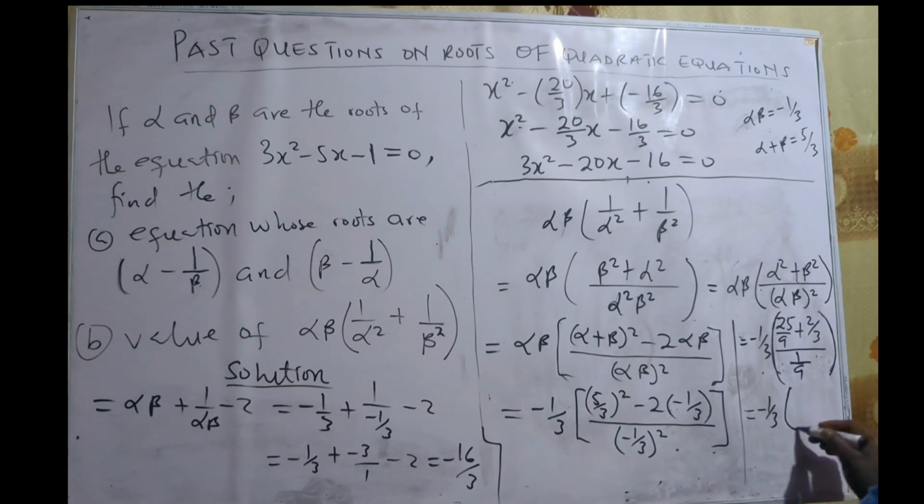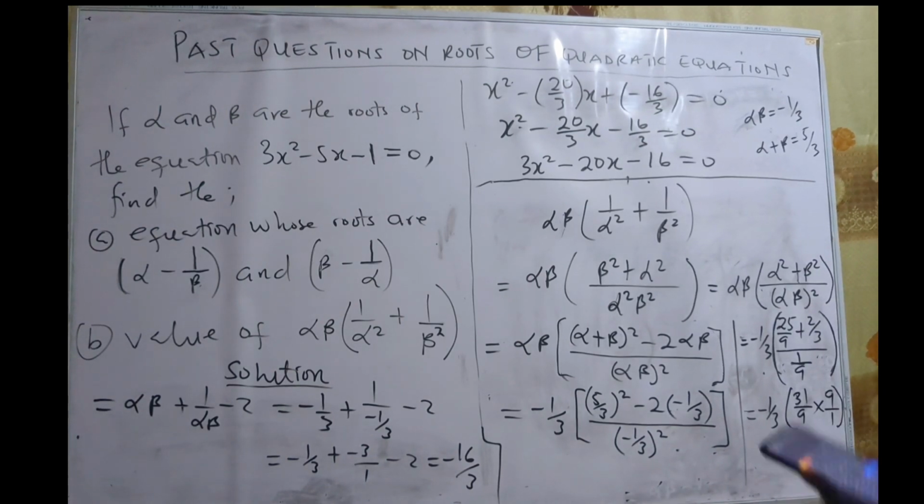This is a fractional denominator, so we multiply and reciprocate with 9 over 1.